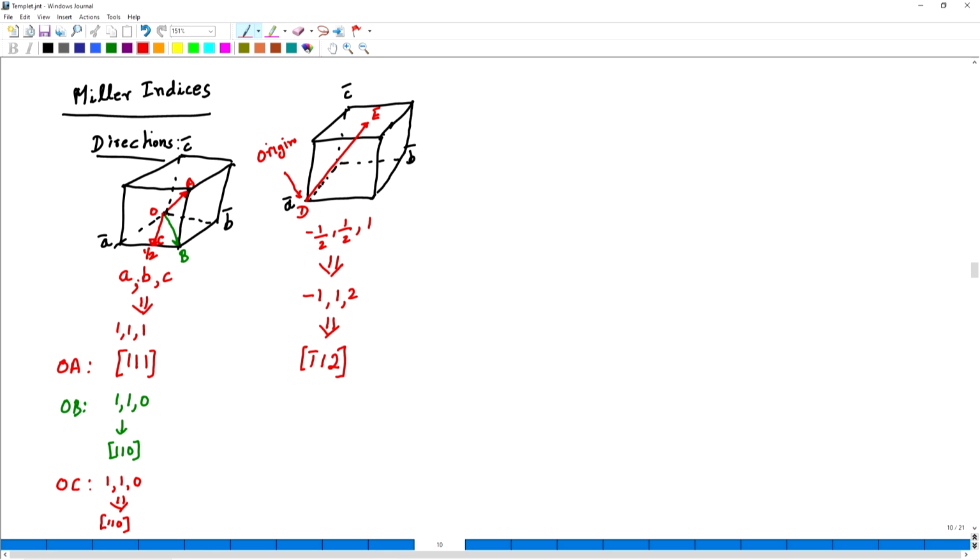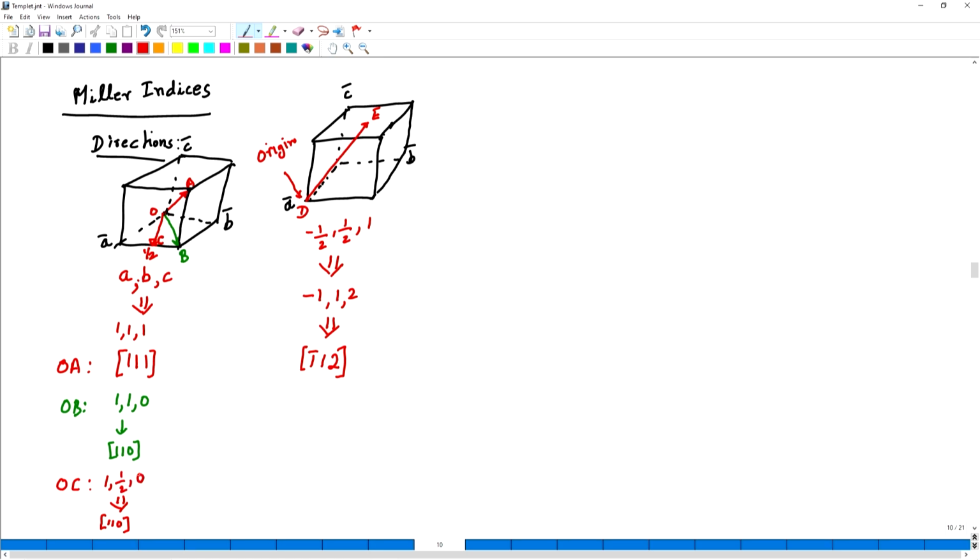Now, let me come back to the previous case where I had actually made a small mistake. Come to the vector OC. In OC, along A it is 1, along B it is half, therefore, the components are 1, half and 0.